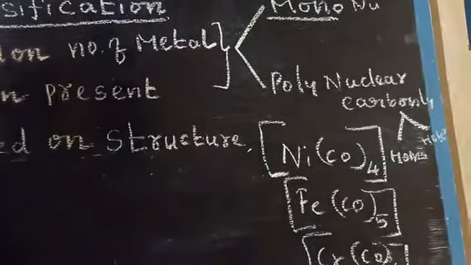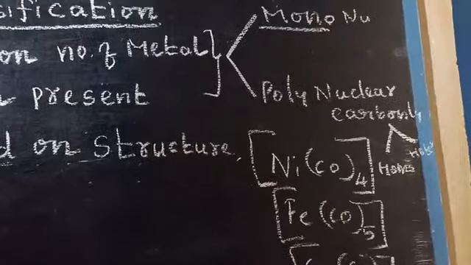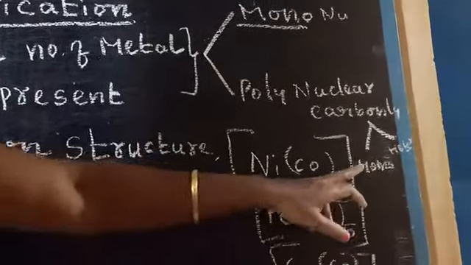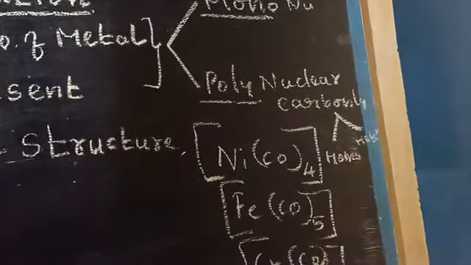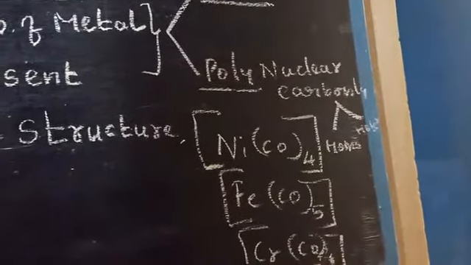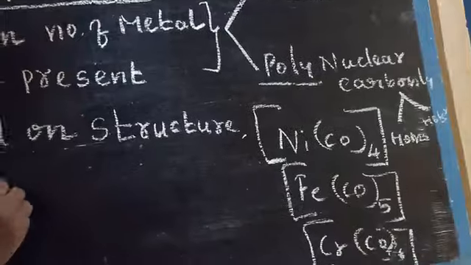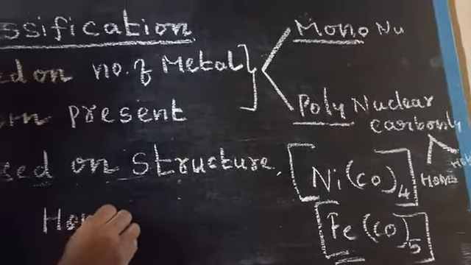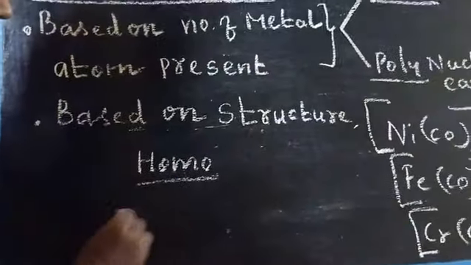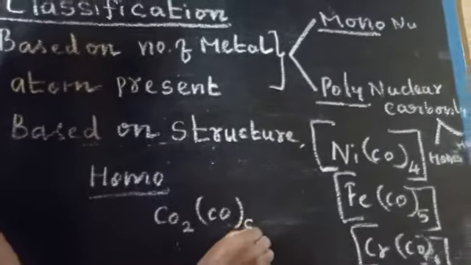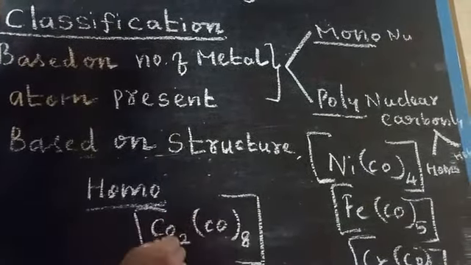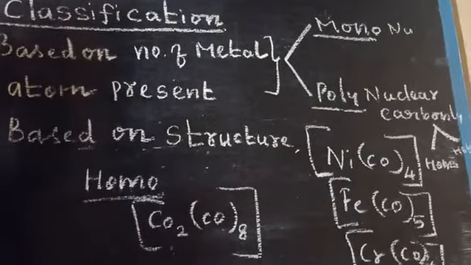Homo means same, hetero means different. Poly means more than one, two or more. Now a homonuclear carbonyl example: Co2(CO)8, or chromium, whatever, any metal.